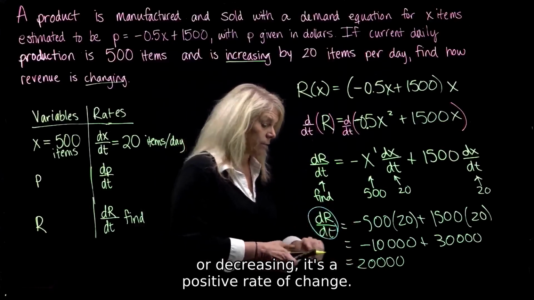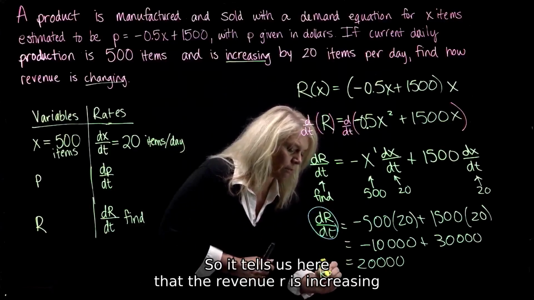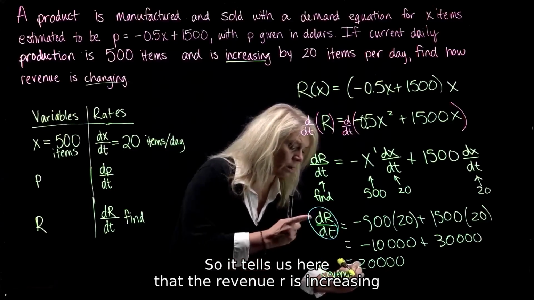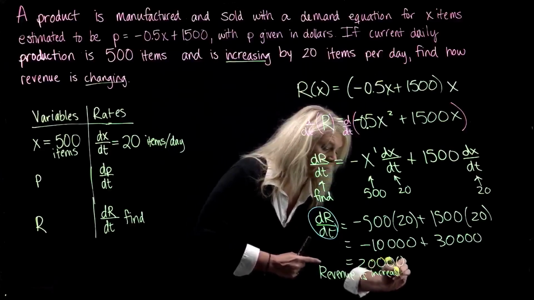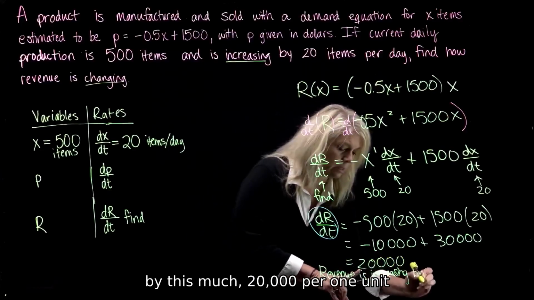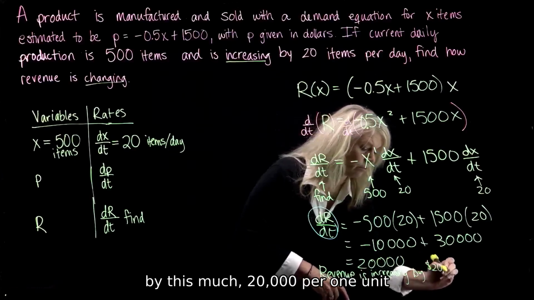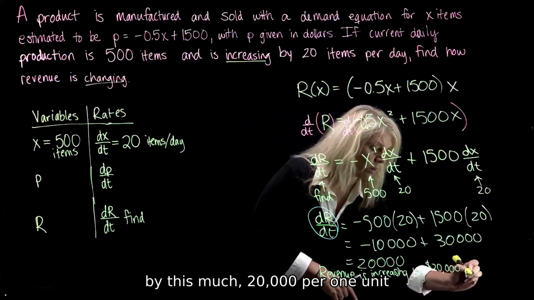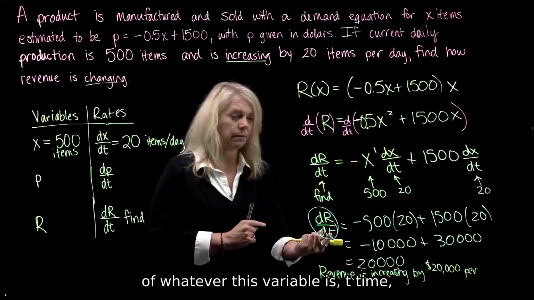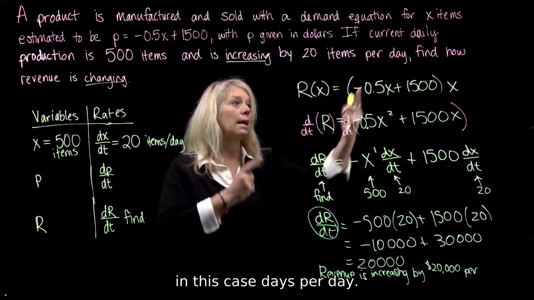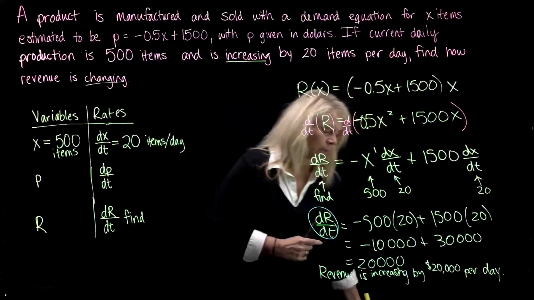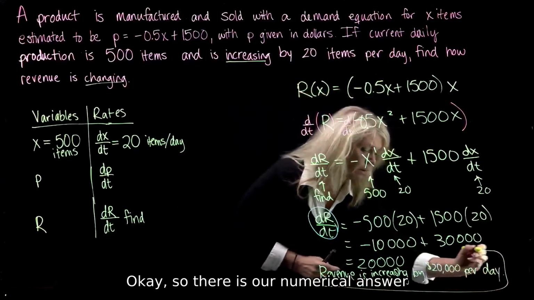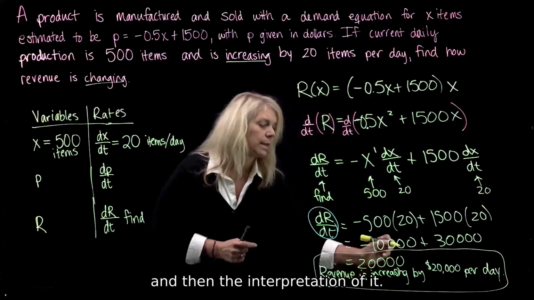It's a positive rate of change. So it tells us here that the revenue, R, is increasing by this much, 20,000, per 1 unit of whatever this variable is, t, time, in this case, days, per day. Okay, so there is our numerical answer and then the interpretation of it.